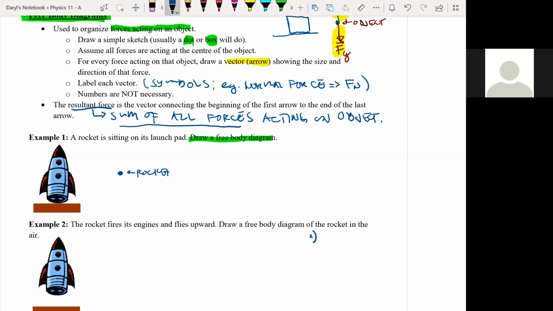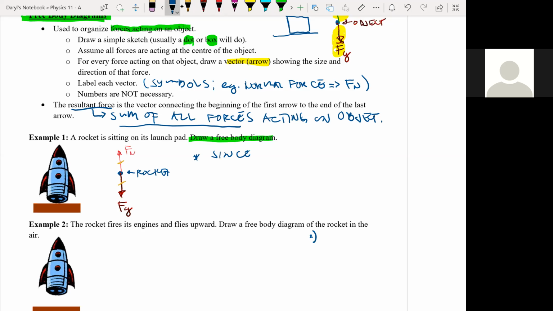This object is acted upon by gravity, Fg. And what else? It's lying on top of a surface, so there must be a normal force. Since it is not moving, you can assume that the magnitude of the normal force is equivalent to the magnitude of Fg.